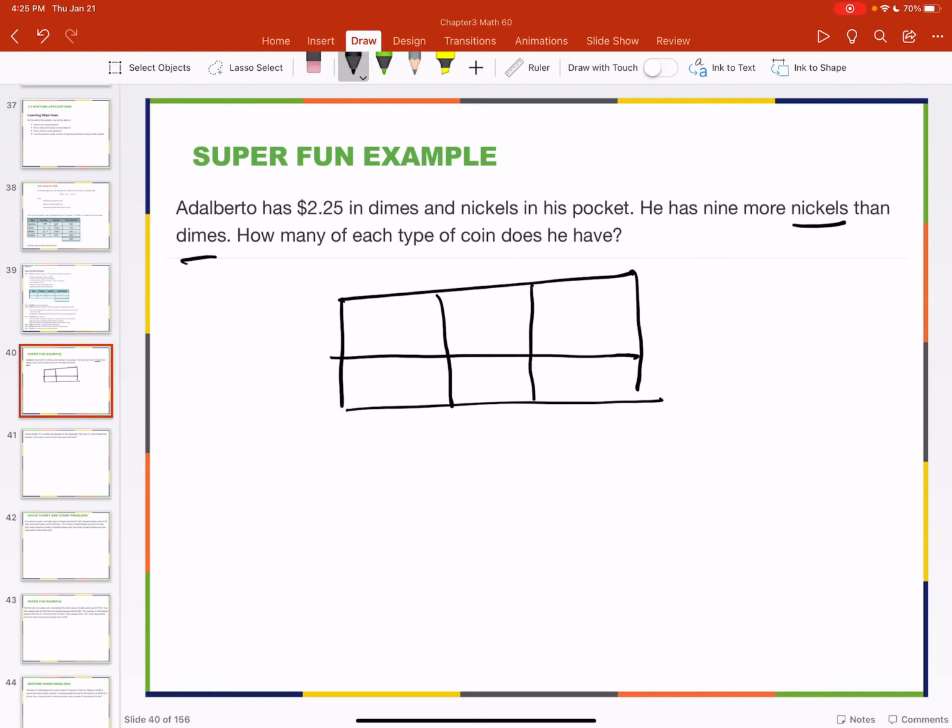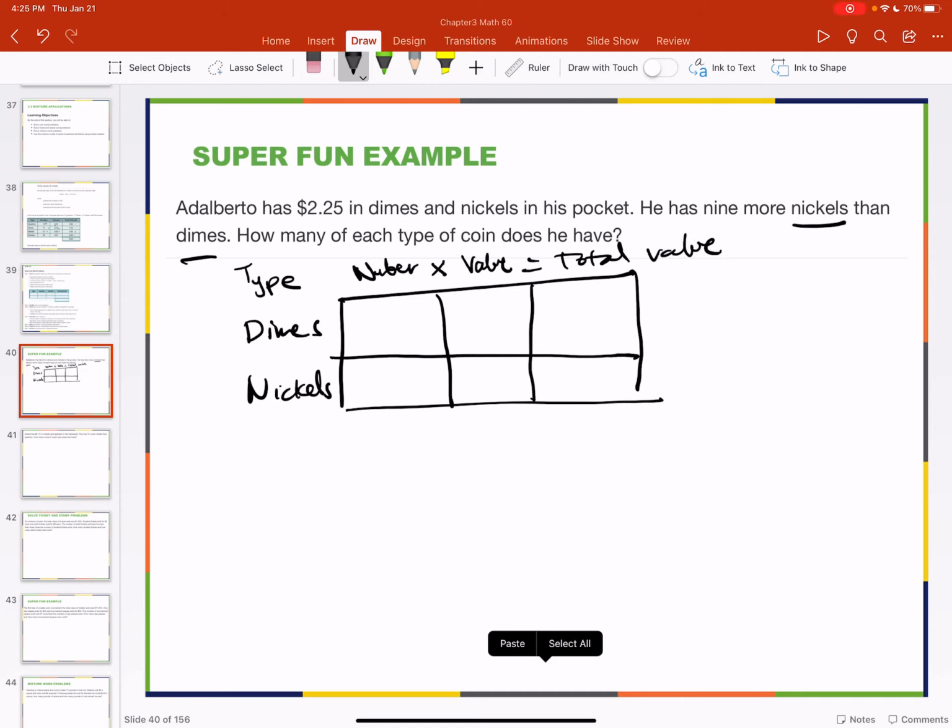We have the type, dimes and nickels, then the number or quantity, times the value, which equals the total value.